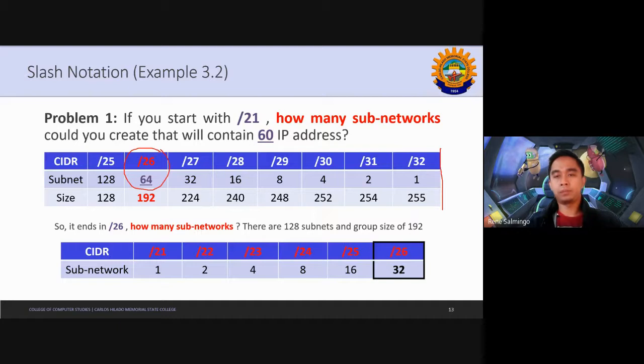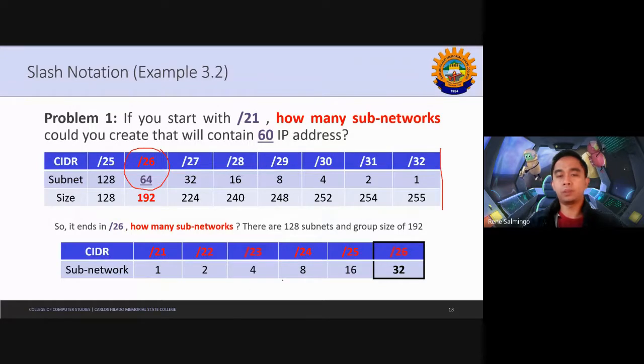This is how the value ends on this part, at slash 26. So you disregard this value because this is the size. Then you go back to your problem: if you start with /21, it ends in /26.